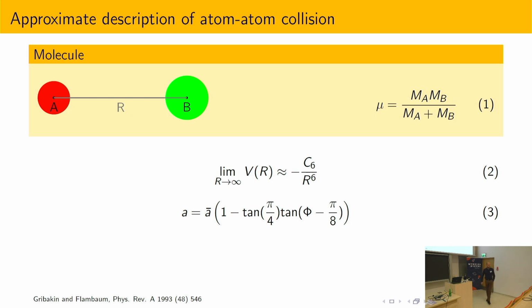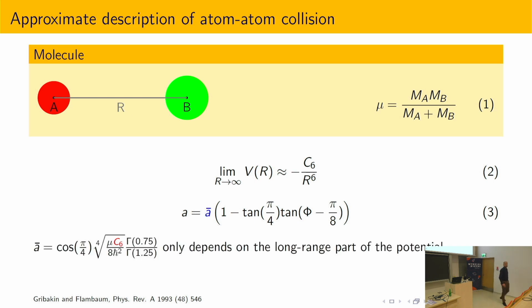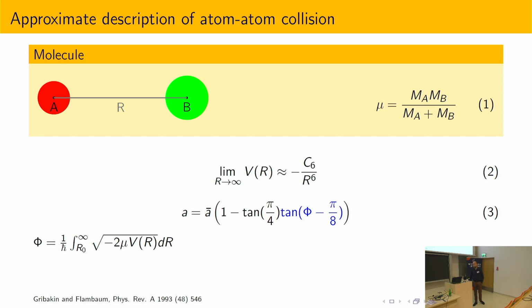Here we have two contributions. The first contribution is sensitive only to the C6 parameter, and the second contribution, which also contains the phase shift, is sensitive to the whole shape of the potential energy curve.